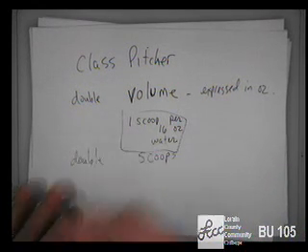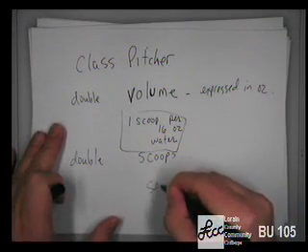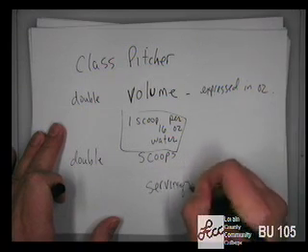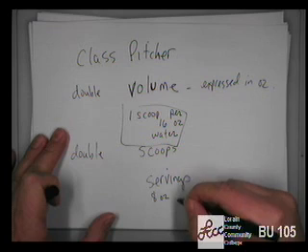Because if it was a weird size pitcher, it could be 2.5 scoops or whatever. The other question that my pitcher should be able to answer is, how many servings? Given that we're going to consider 8 ounces per serving.